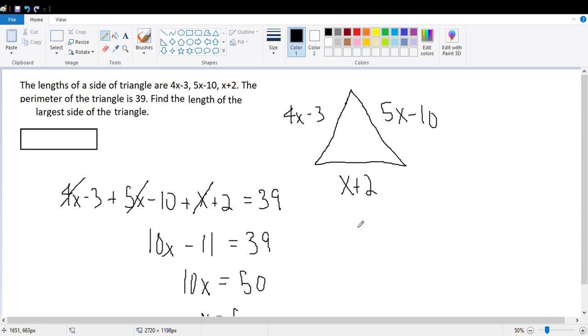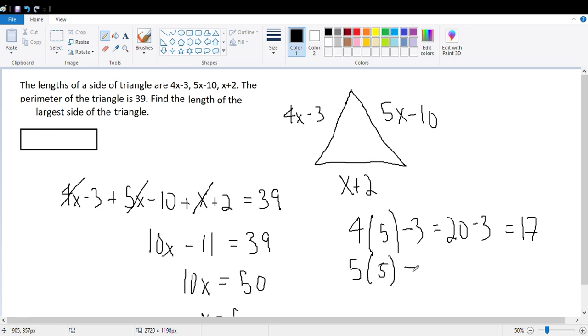The first side, this side right here, 4x minus 3 becomes 4 times 5 minus 3. That is 20 minus 3, which is 17. The other one is this one here, 5x minus 10, which becomes 5 times 5 minus 10, equals 25 minus 10, which is 15.